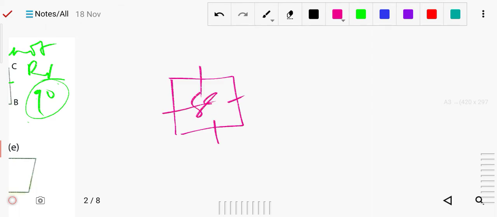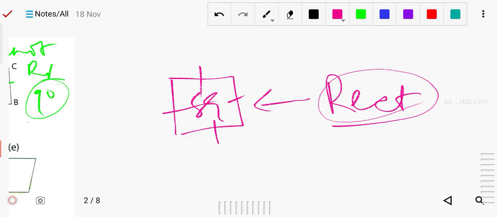Suppose this is a square, you can also say this is a rectangle, because what is the definition of a rectangle? Opposite sides should be equal. These opposite sides are equal, so all squares can be rectangles also. So you can say: a square is a rectangle whose all sides are equal.